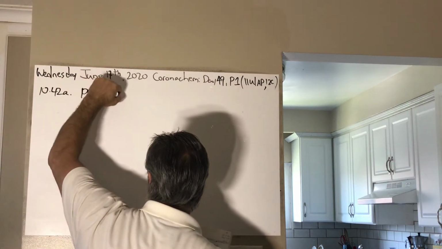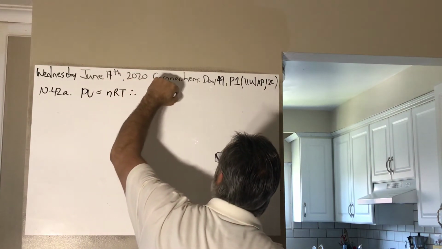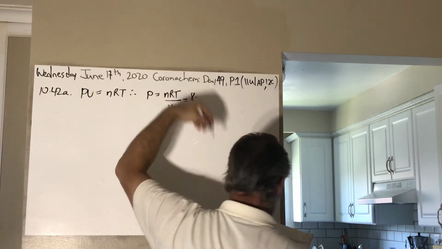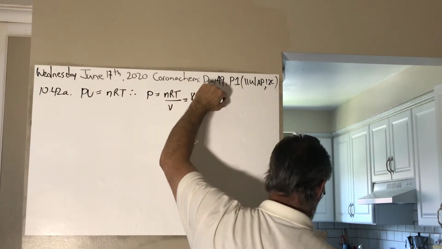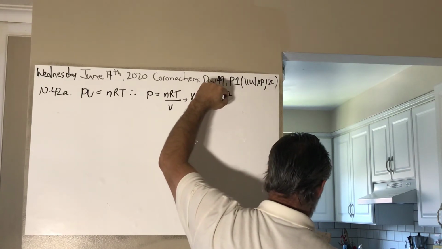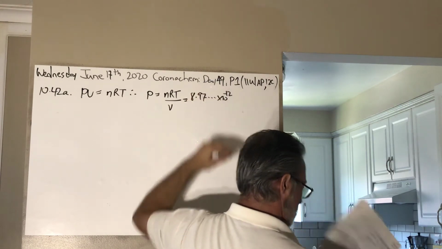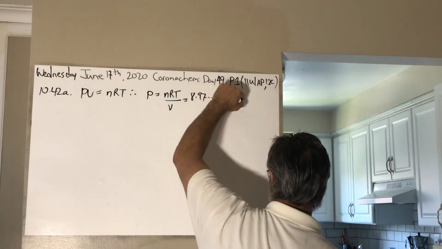PV equals nRT, therefore P is equal to nRT over V, and the number we got in the previous calculation, 8.97, etc., times 10 to the negative 12 moles. I just wrote it very badly.